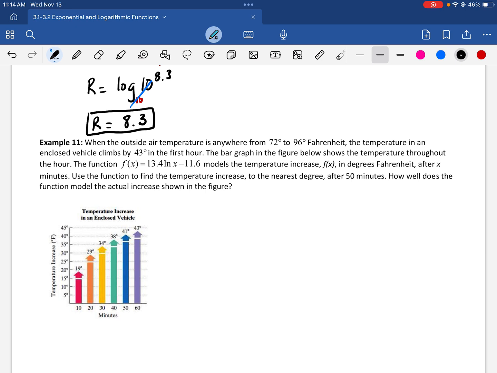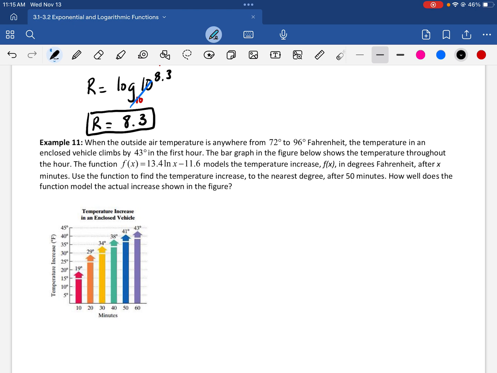The function f of x equals 13.4 natural log of x minus 11.6 models the temperature increase of f of x in degrees Fahrenheit after x minutes. Use this function to find the temperature increase to the nearest degree after 50 minutes. How well does the function model the actual increase shown in the figure?